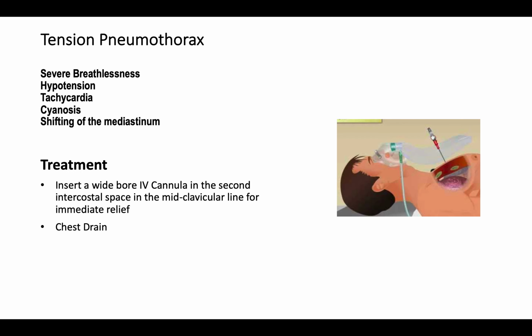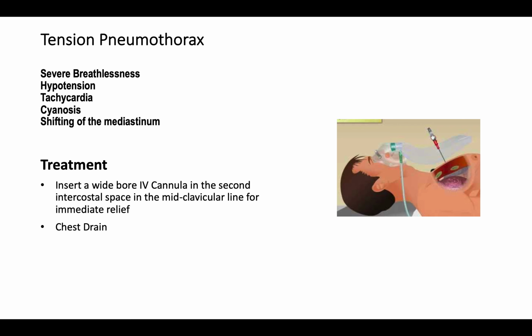Before we end, a quick word on tension pneumothorax. Occasionally, the connection between the airway and the pleural cavity acts like a valve where air can leak into the pleural cavity during inspiration but cannot be reabsorbed during expiration, and this leads to rapid accumulation of air in the pleural cavity, leading to mediastinal shift and hemodynamic compromise.